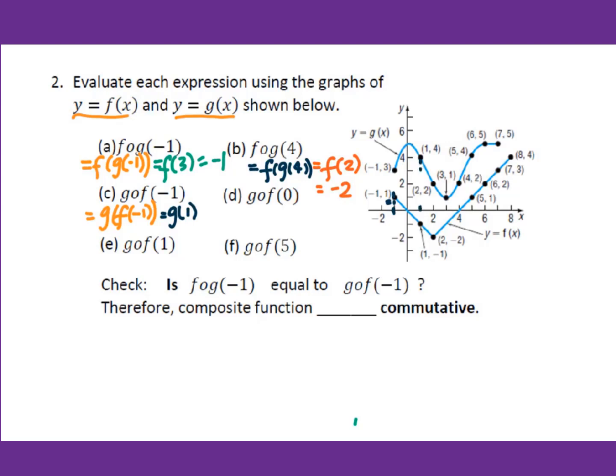Then we draw a vertical line to pass through the g function that equals 4. From A and C, we know they are not equal to each other. Therefore, composite function is not commutative.